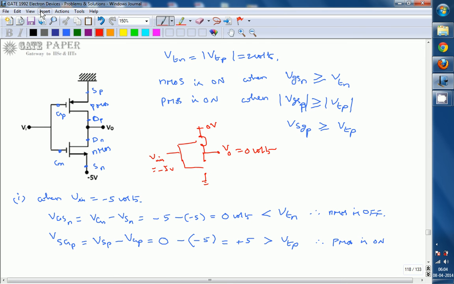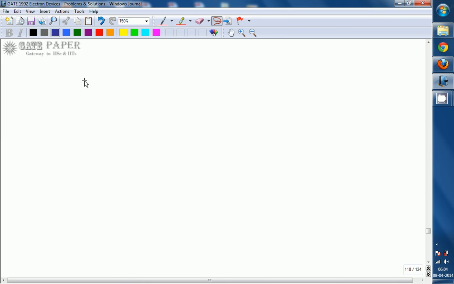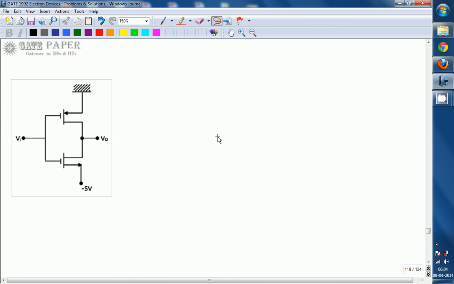Similarly, we will consider the same thing for the next case, V input is equal to 0 volts. It was given that VTN is equal to the magnitude of VTP, which is equal to 2 volts.